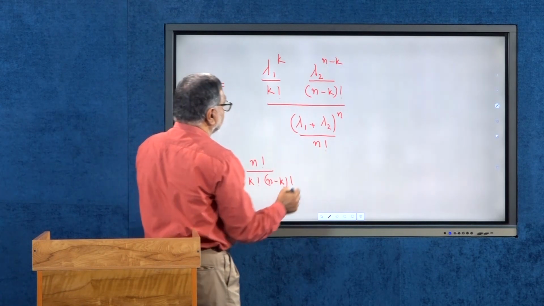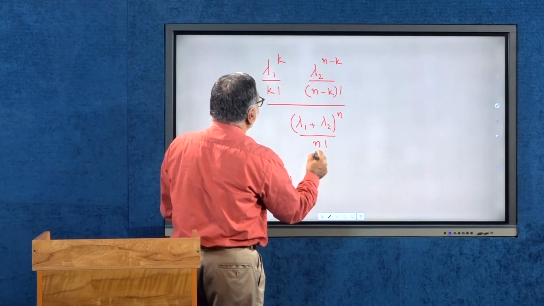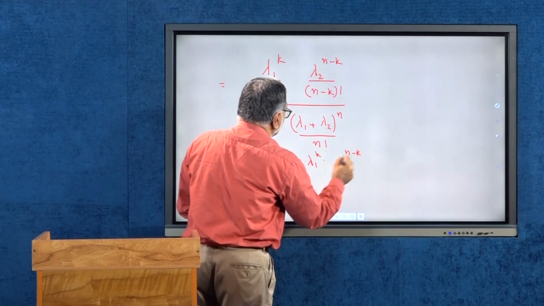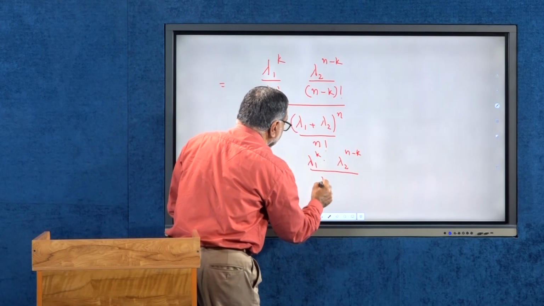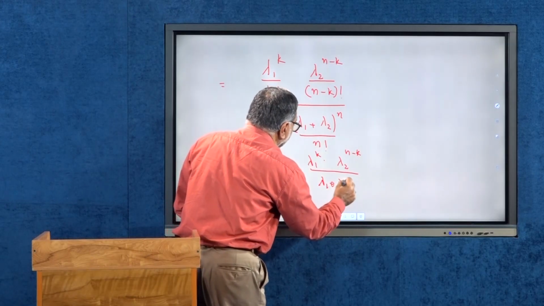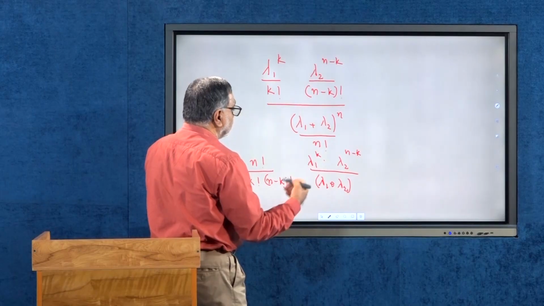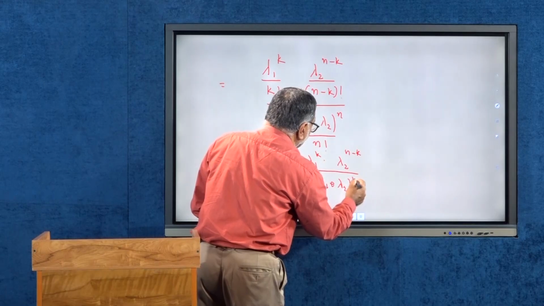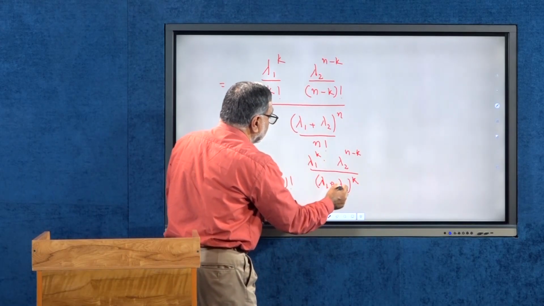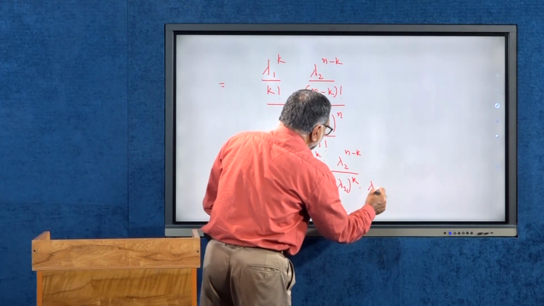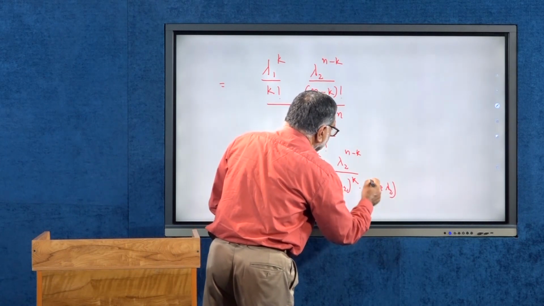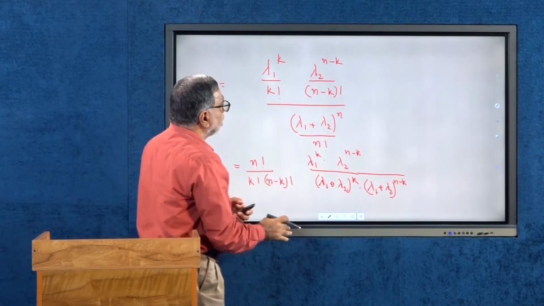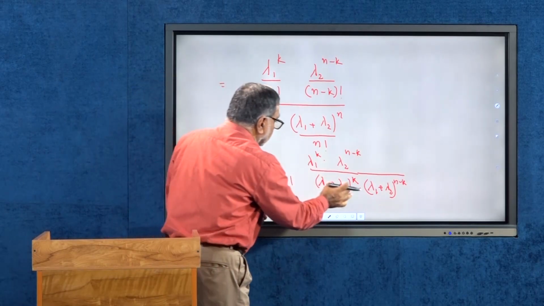Then the remaining factors are lambda 1 power k, lambda 2 power n minus k, divided by lambda 1 plus lambda 2 power n. Instead of writing lambda 1 plus lambda 2 power n, let me write this as lambda 1 plus lambda 2 power k into lambda 1 plus lambda 2 power n minus k. That is, you split the denominator factor like this.